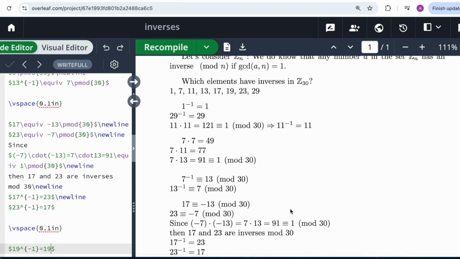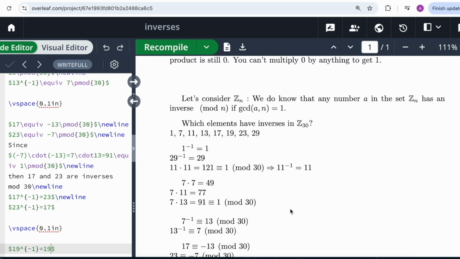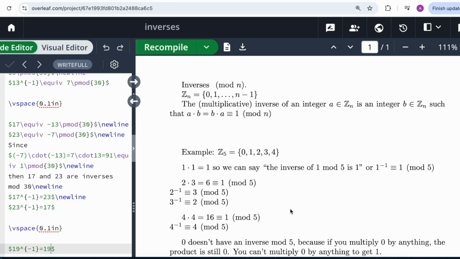So I just want to recap what we've done here. Whenever we're looking for the inverses mod n, those are going to be the numbers in the set from 0 through n minus 1, so that if we multiply those two numbers together, they give us 1 mod n. The only numbers mod n that can have inverses are the numbers that share no common factors other than 1 with n, so the numbers that are relatively prime.